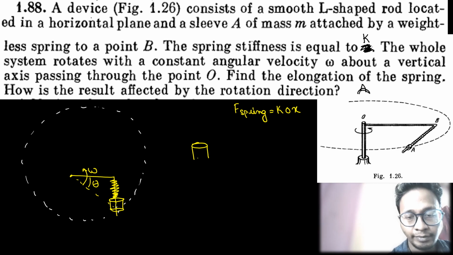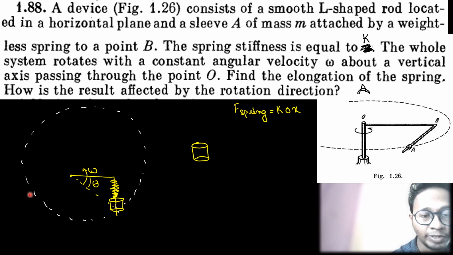See, this bolt is moving in a circular orbit with uniform angular velocity. So the tangential velocity out here would be constant, no? The tangential velocity of the bolt is constant. Out here, the spring force.